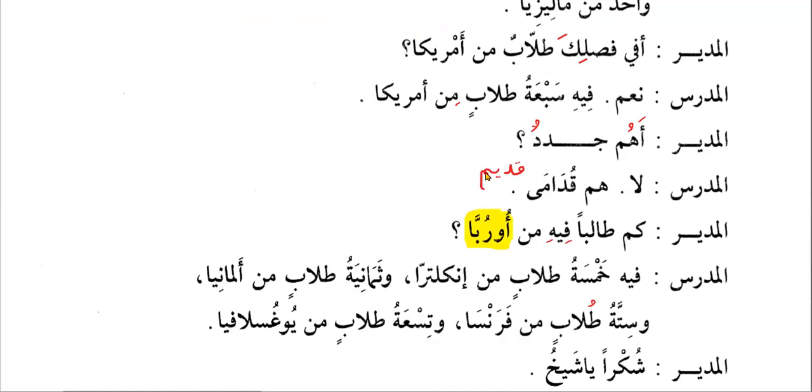In it are 5 students from England. وثمانية طلاب من ألمانيا, and 8 students from ألمانيا, Germany. وستة طلاب من فرنسا, and 6 students from France. وتسعة طلاب من يوغوسلافيا, and 9 students from Yugoslavia. I think maybe in the newer books there is a different country here, because this is the older version when Yugoslavia.